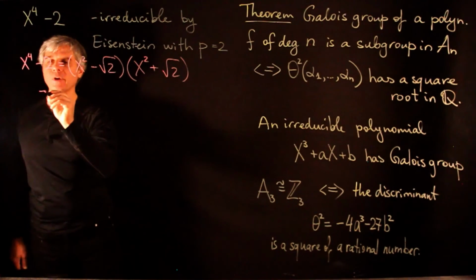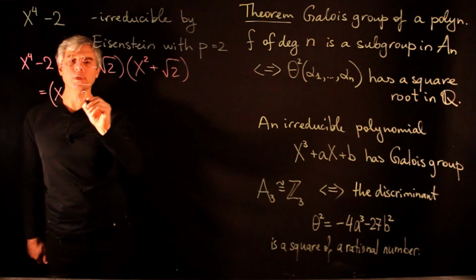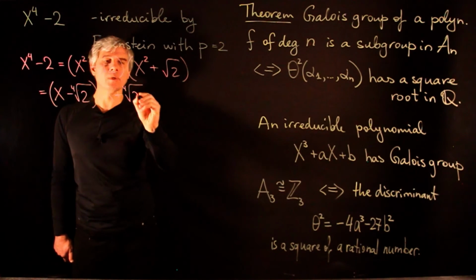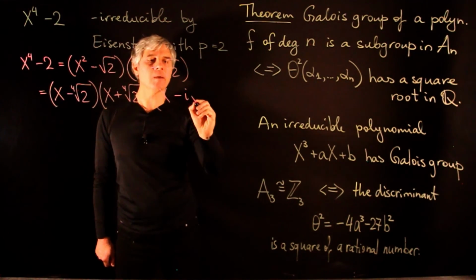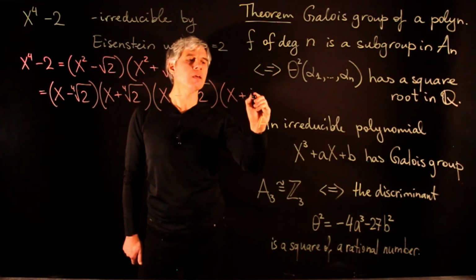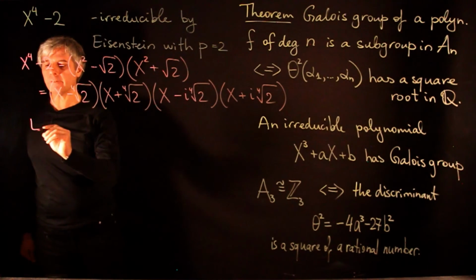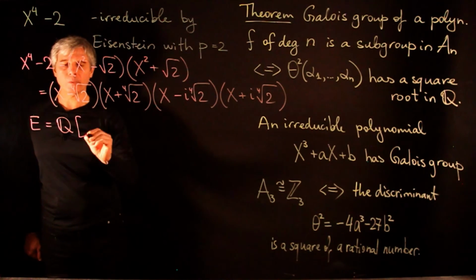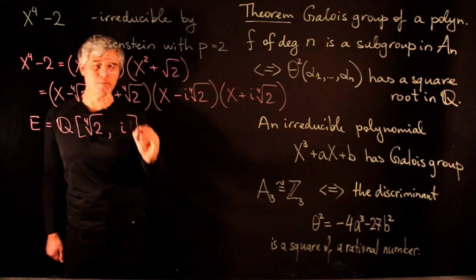Or this can be factored further as (x minus fourth root of 2)(x plus fourth root of 2)(x minus i times fourth root of 2)(x plus i times fourth root of 2). Then the splitting field of this polynomial is the rational numbers with adjoined fourth root of 2 and i.